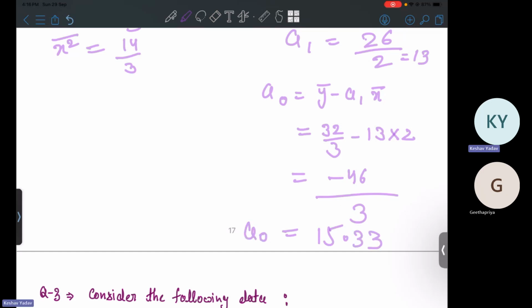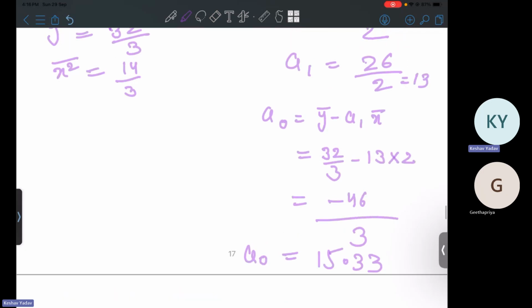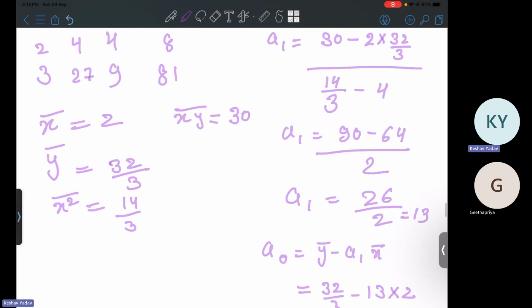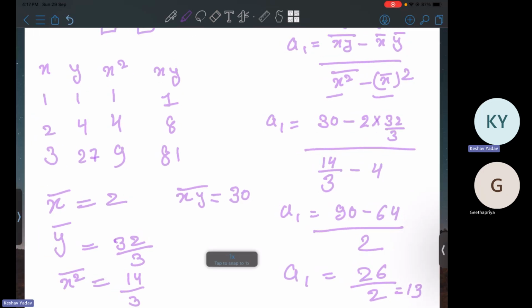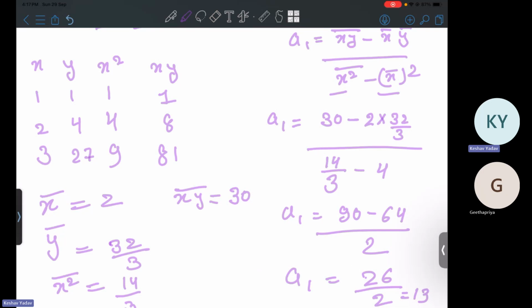Okay. So you see here, only one thing: we can make a calculation mistake. So while doing this kind of problem, make sure you do the calculation slowly. Okay.